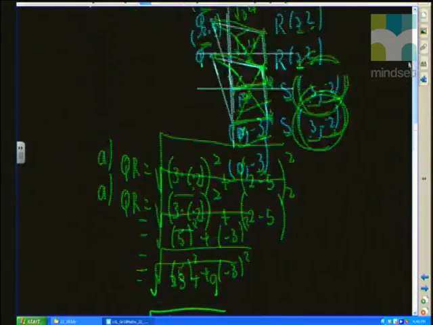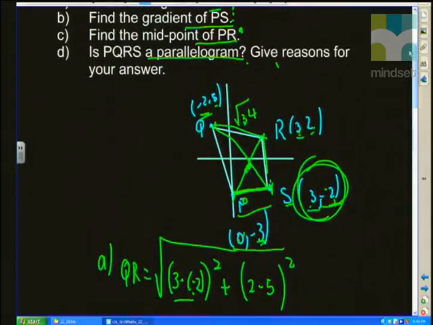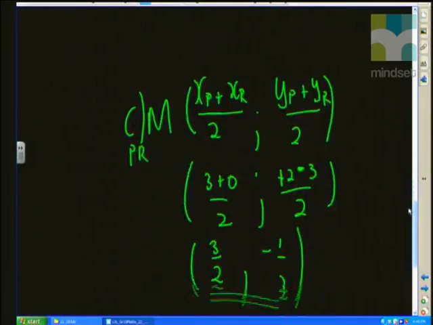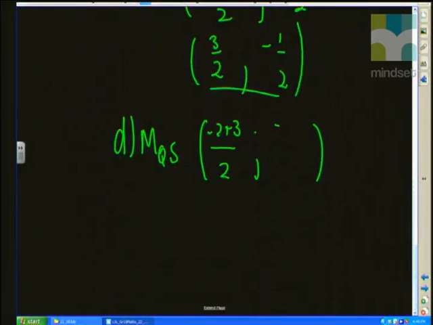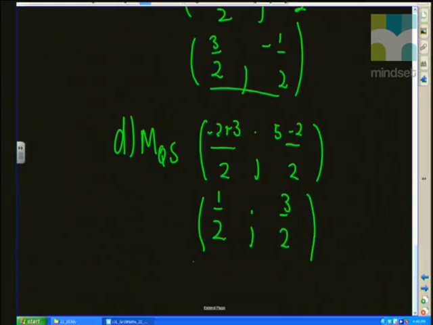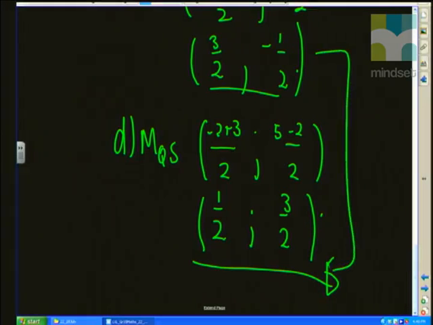And then it's going to be the sum of the y values, so it's going to be 5 minus 2 all over 2. And we will end up with a half and 3 over 2. Okay, so as you can see, your midpoints, they look similar, but they're completely different. So therefore, we do not have the same midpoint, right?